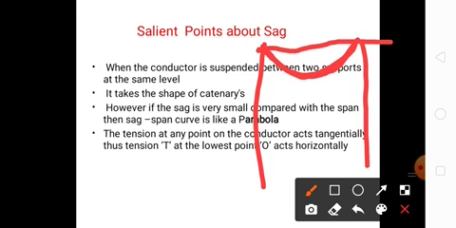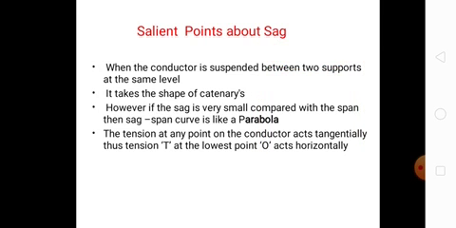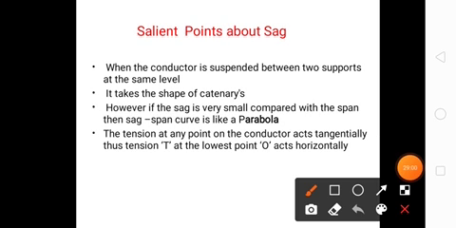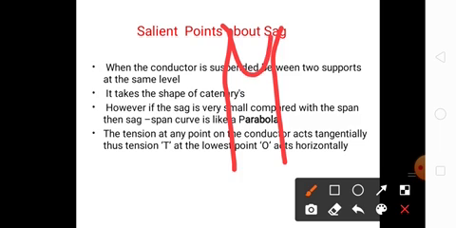Next, however, if the sag is very small compared with the span, the curve is like a parabola. The sag-span curve is like this, so it takes the shape of a parabola.